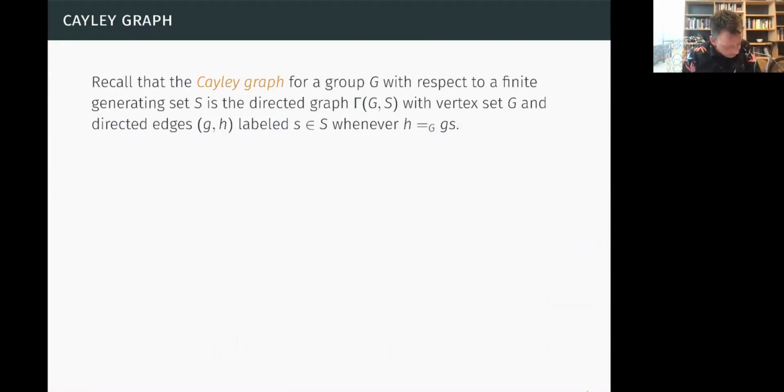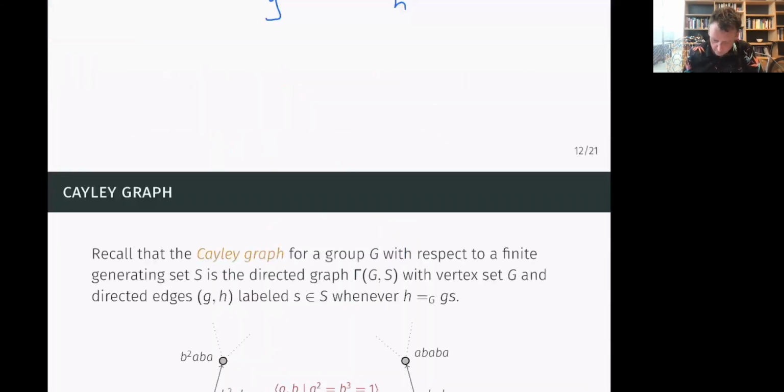The Cayley graph, many people here would know, with respect to a generating set, is you have a vertex for each group element and an edge from G to H, labeled by S, if G times S equals H. And then you continue that and you draw a big picture.